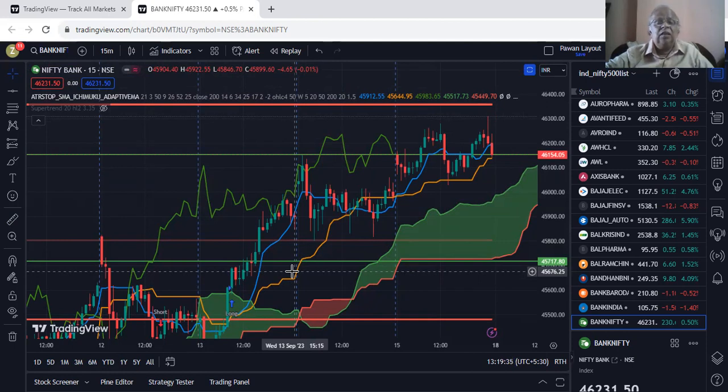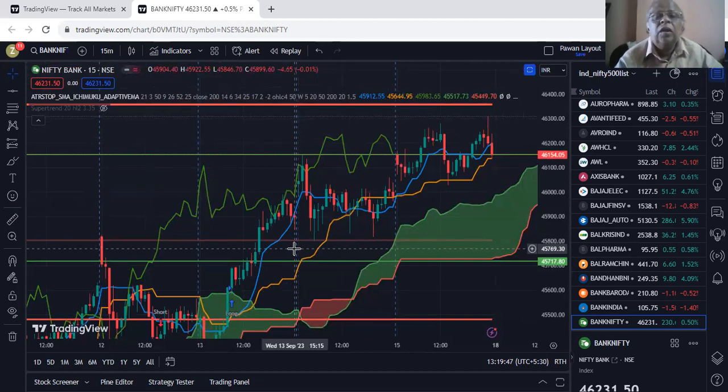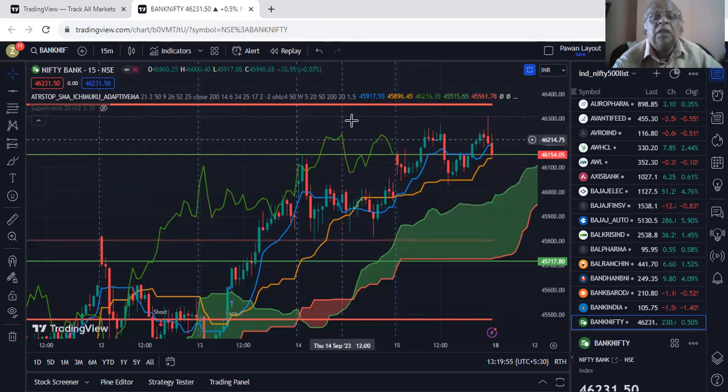Just check it here. What are you visualizing here? There is a moderate gap. Just see, 45,912 is the level of Kijun-sen.